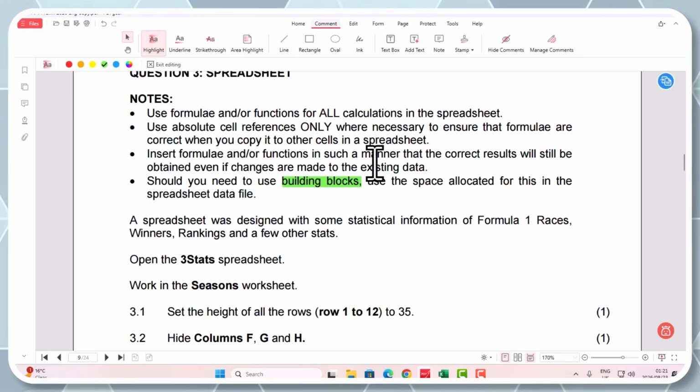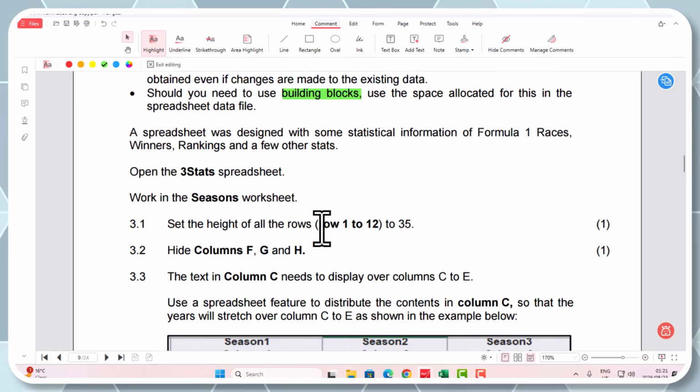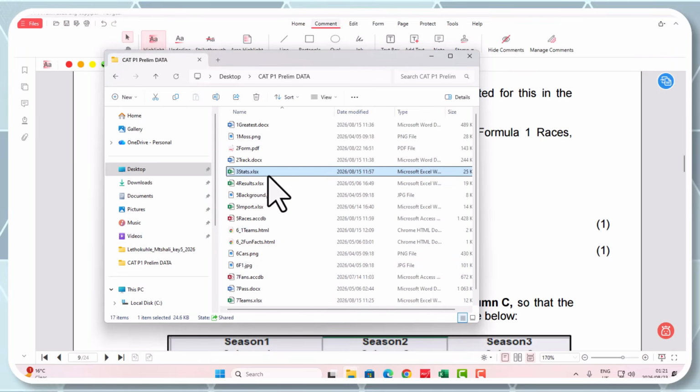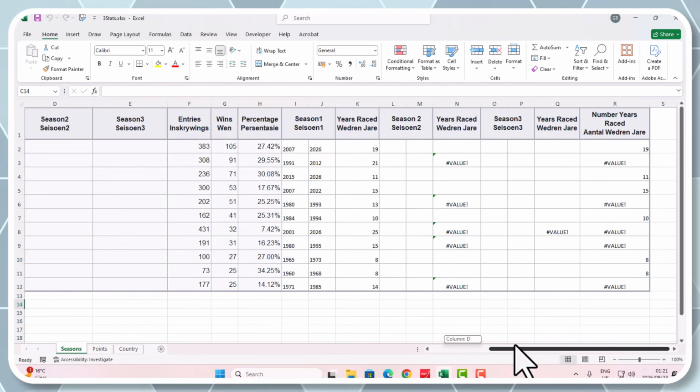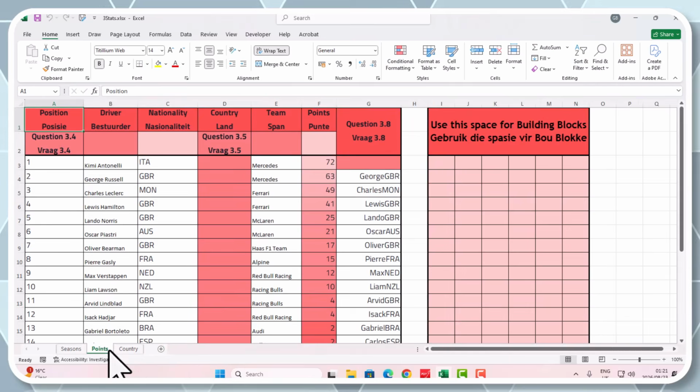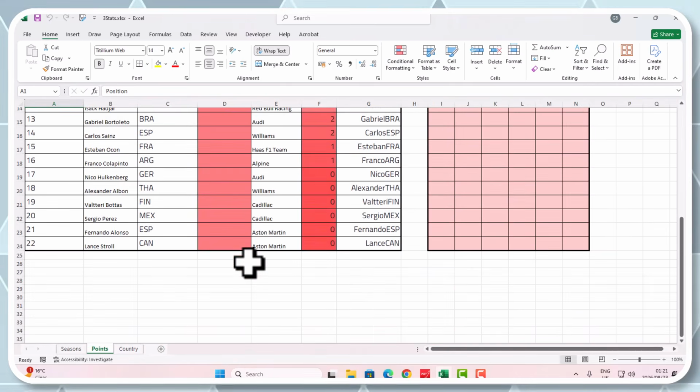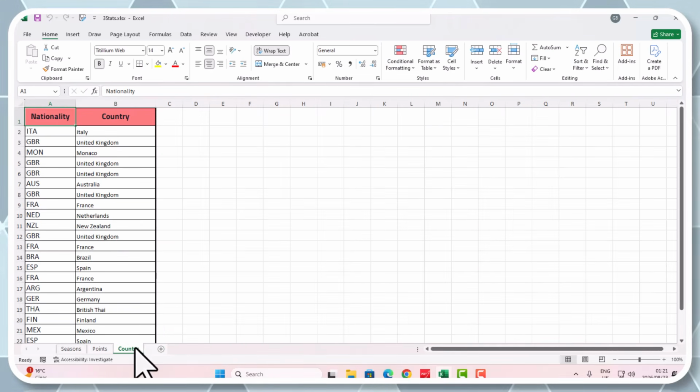Right, a spreadsheet was designed with some statistical information of Formula 1 races, the winners, their rankings, and a few other stats. All right, great. Open the 3 stats spreadsheet. Okay, so we're going to open that one up, and let's see what they've got. Okay, and again, guys, just look around a little bit. See what's there. Okay, and let's look at the points. All right. And let's have a look at the country.